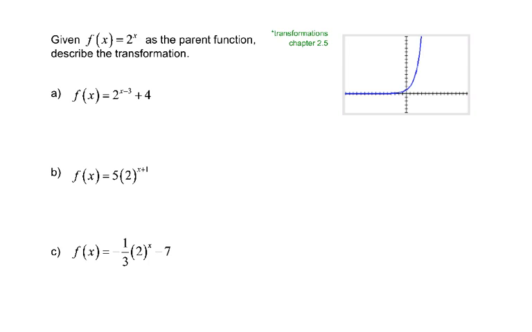And if we can, let's list our new range and our new horizontal asymptote. So the first situation, 2 to the x minus 3 plus 4. So this is just like my graph of 2 to the x, but I have an extra minus 3 and a plus 4. So what does that minus 3 do?